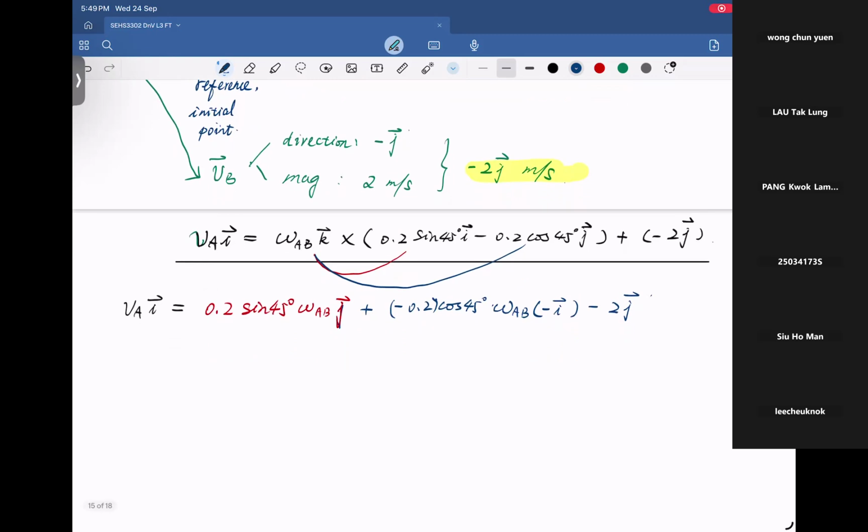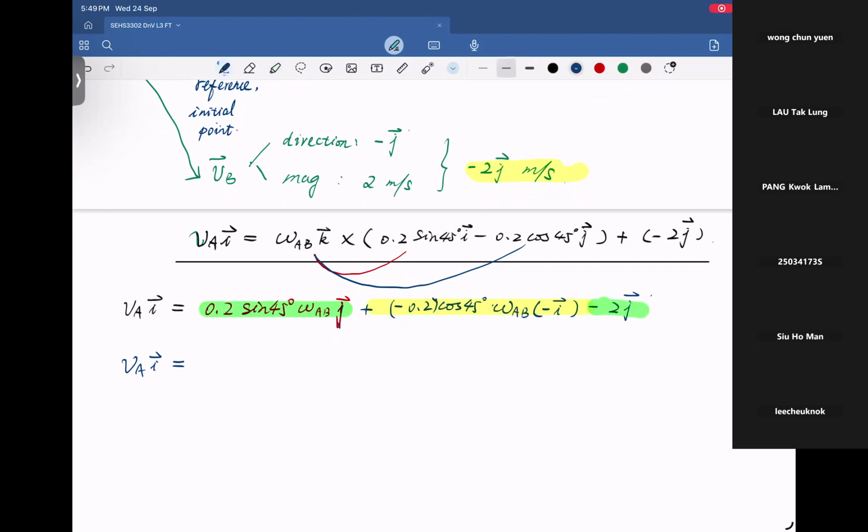Finally, we combine the I component together and the J component together. For left-hand side, we have VA I. For right-hand side, we have the I component, highlighted in yellow, and the J component, highlighted in green.